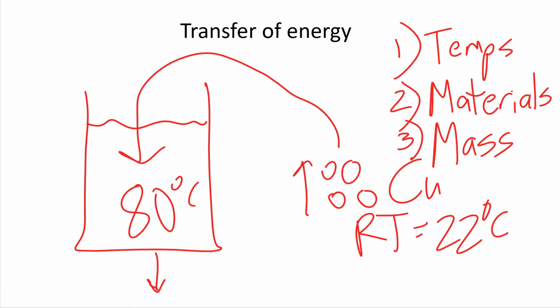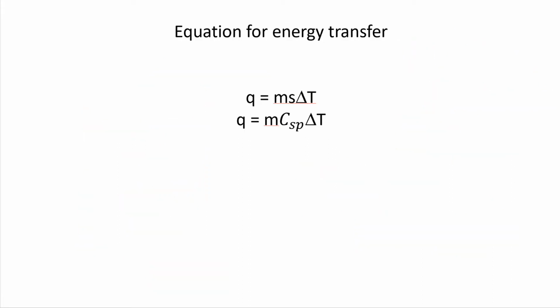So now we're trying to understand, okay, how do we calculate those values? And that brings us to this equation. There's actually two equations, but they're exactly the same. Just in some cases, S is used to represent some property about the materials. In other cases, it's C with an SP subscript. In both cases, the C SP or the S refers to specific heat capacity.